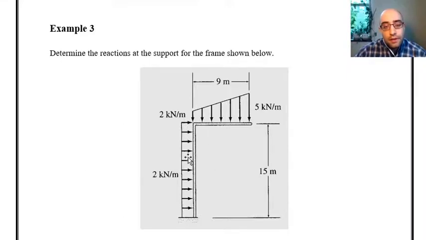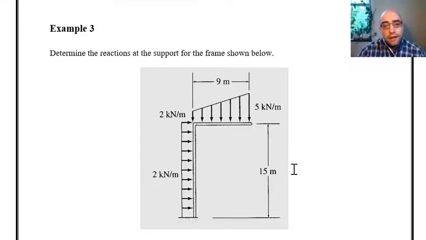One of them is in the horizontal direction, 2 kilonewton per meter from left to right. The other distributed load is in the vertical direction, and it has a trapezoid shape. And in terms of the support, we only have a fixed support over here.